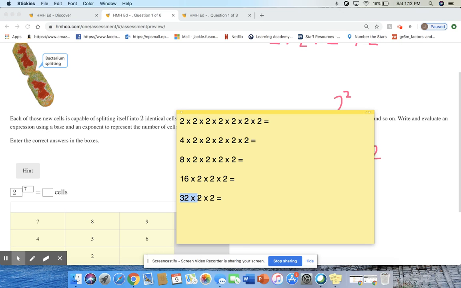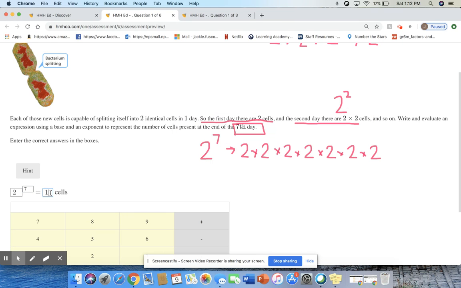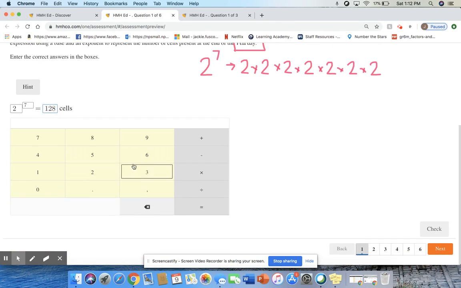Now, if I do 32 times 2, that is going to give me 64. So I did 32 times 2. I've got 1 2 left to multiply. And if I multiply 64 times 2, I'm going to get 128. Okay, so let's put in 128 cells on the 7th day.